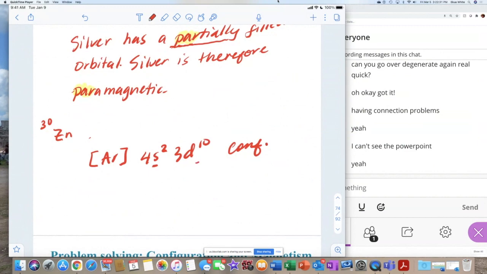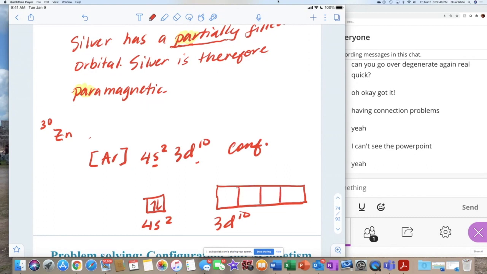So when you draw your sublevel down here, in preparation for drawing your orbitals, we have 4s2 3d10. The 4s is up, down. The d again has 5 degenerate orbitals: 1, 2, 3. Up, up, up, up, up. Down, down, down, down, down. It's full.